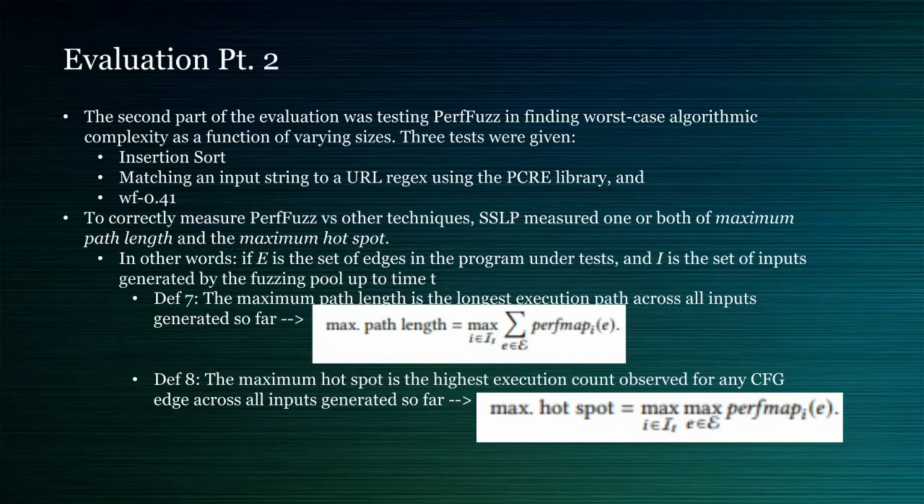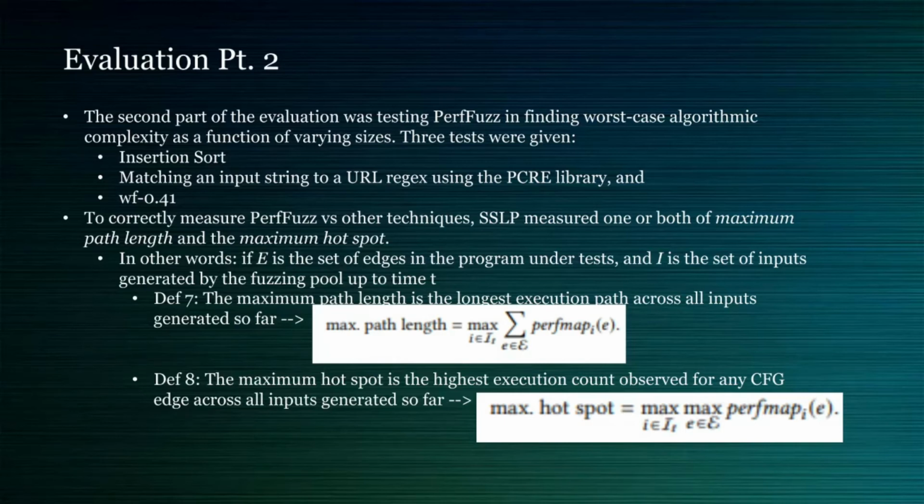And WF version 0.41, which is basically the same word frequency counting tool that we showed in this presentation earlier. These 2 values, maximum path length and maximum hotspot, allow SSLP to accurately create graphs to compare PerfFuzz to its competition.